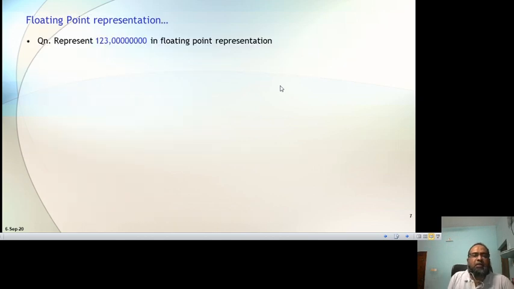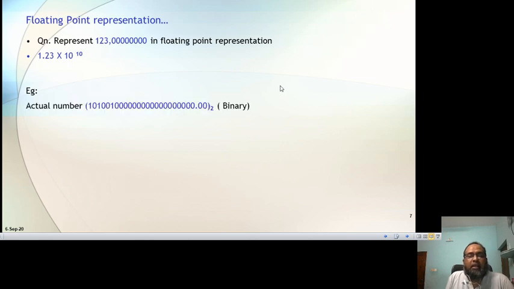See another example, a huge number we want to convert into the floating point. Okay, it's simple, 1.23 into 10 raised to 10, simply the scientific notation. Then there is again another number which is given in binary.